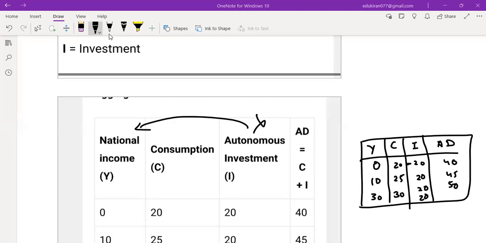Ma'am, till how much should we make the table? 50. Also, I will share the PDF with you so that you can make notes, and in the class itself you can just revise the things. Numericals we have to do in the class.